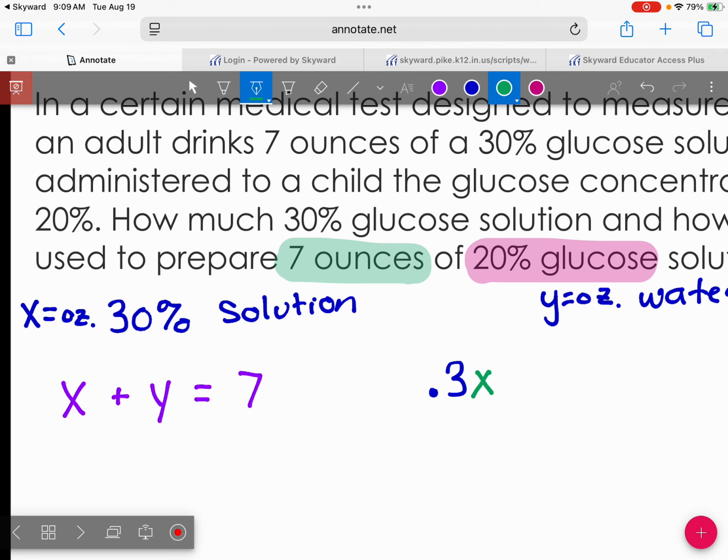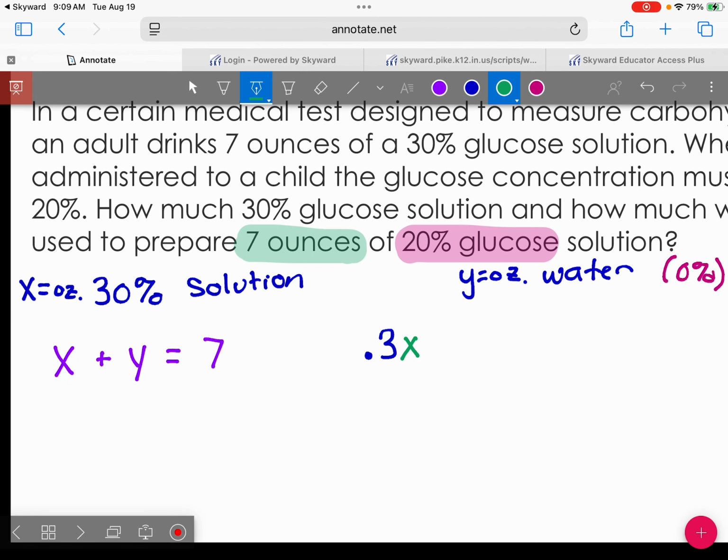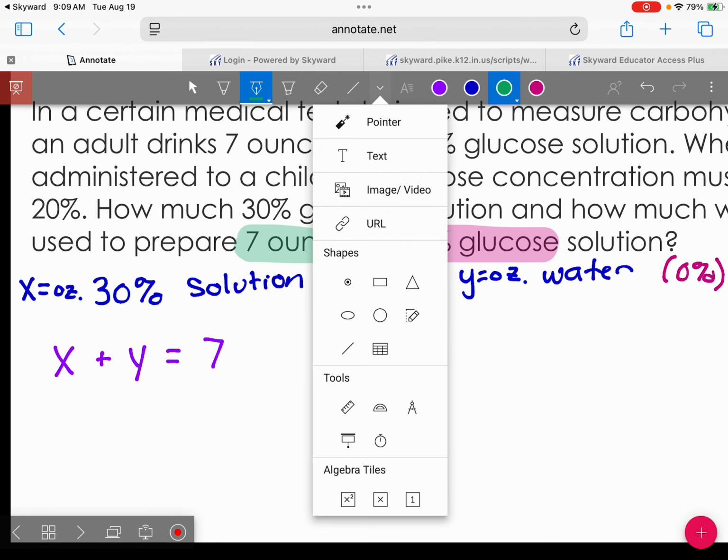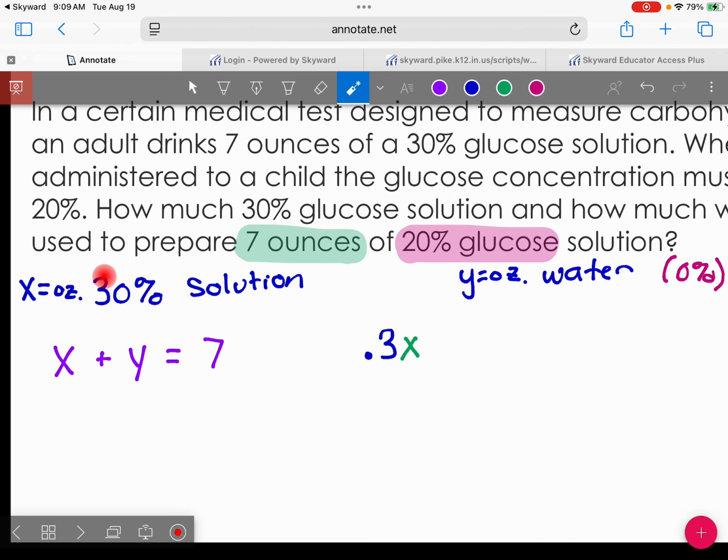So if I have 30% solution and I have 1 ounce, I have 0.3 ounces. If I have 2 ounces, I would have 0.6 ounces. If I had 3 ounces, I would have 0.9 ounces. So we're taking whatever our concentration is, including our volume. So we're going to have percent ounces.